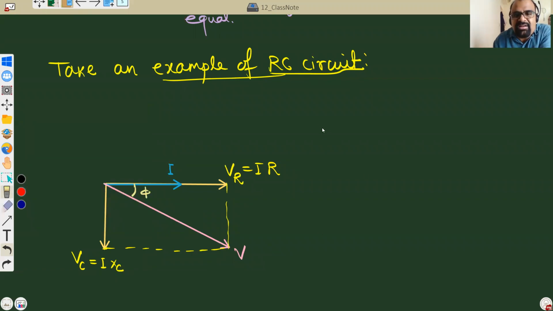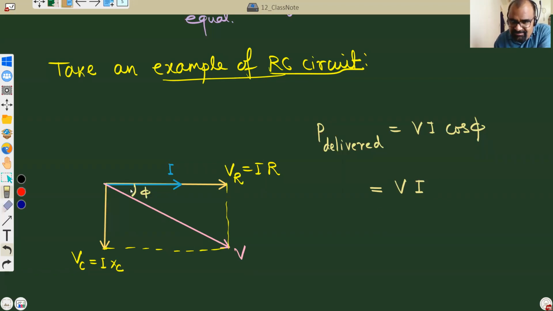Now, what is power delivered? It is VI cos phi. Now, what is cos phi? In this triangle, can you tell me what is cos phi? Cos phi is base by hypotenuse. Base is from here till here.